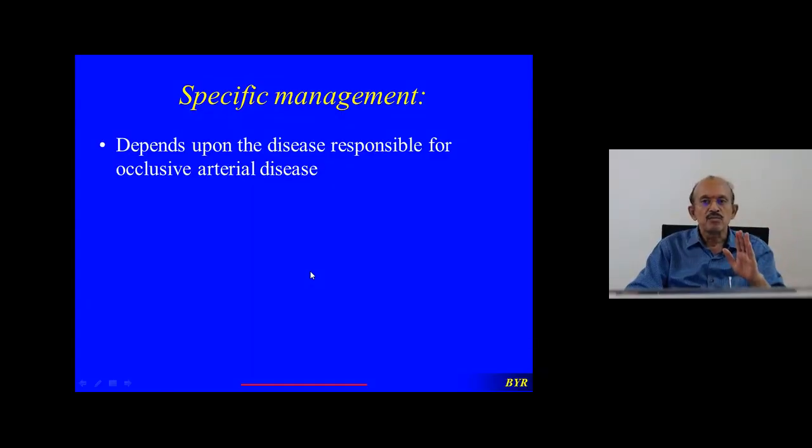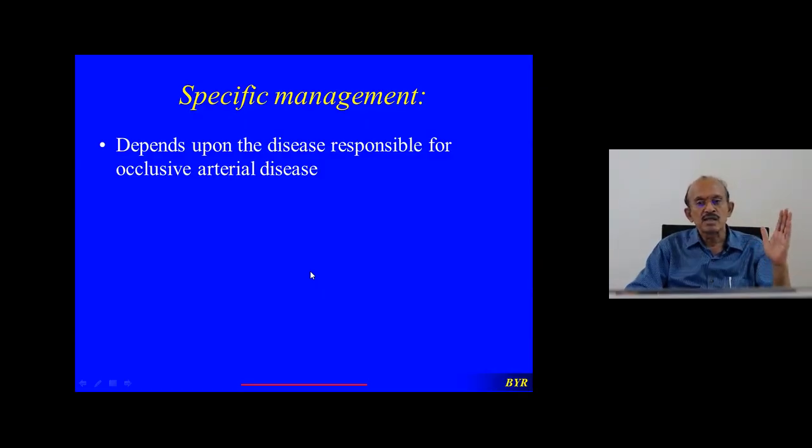In the management, there is no specific drug which will reduce the occlusion. So all the efforts are being done to stop the progression of the disease by asking the patient to avoid smoking. And the available collaterals must be dilated, by asking the patient to do exercise within the claudication distance.